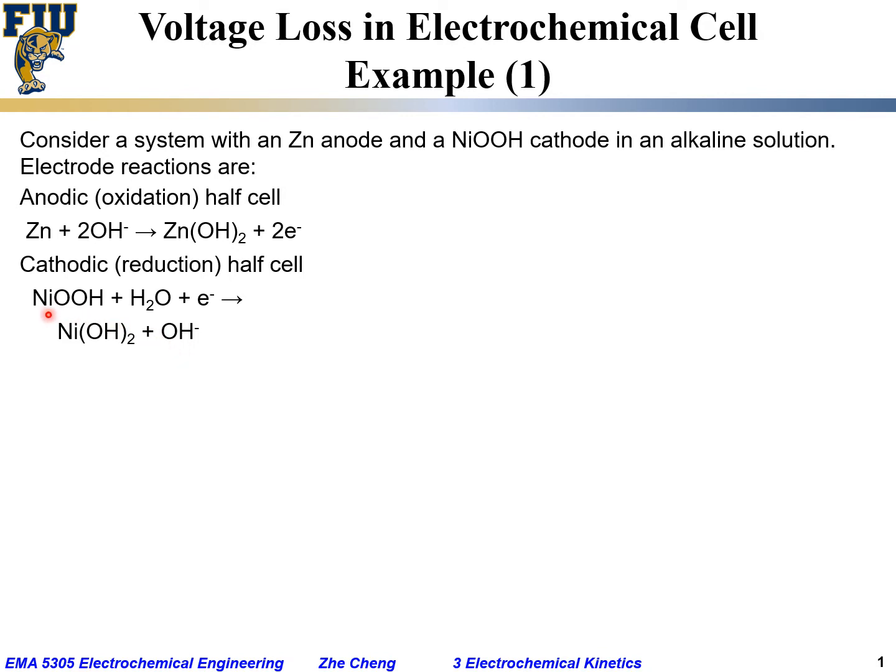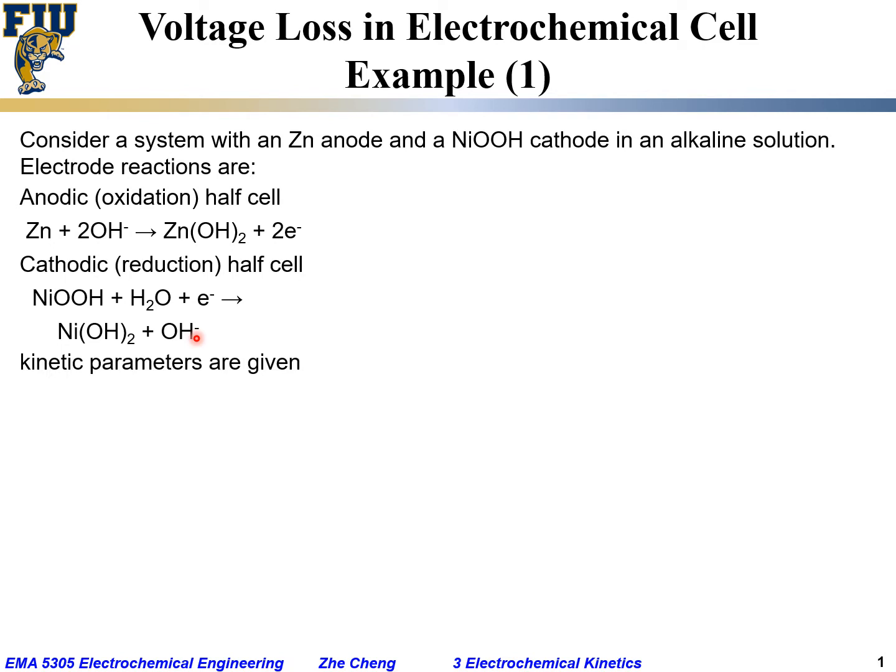Again, mass balance: 1 nickel, 3 oxygen, 2 plus 1, 3 oxygen, 3 hydrogen, 2 plus 1, 3 hydrogen, minus 1 charge on the left, minus 1 charge on the right. So the cathodic or the reduction half cell reaction is also balanced.